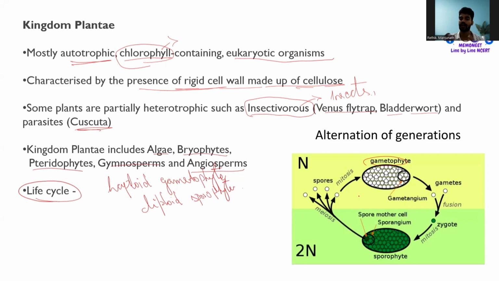From one plant to another plant, their life cycle differs, hence it is called alternation of generation.